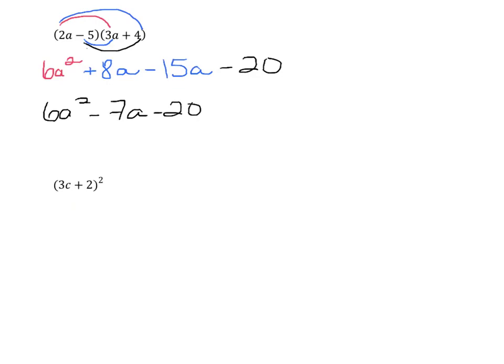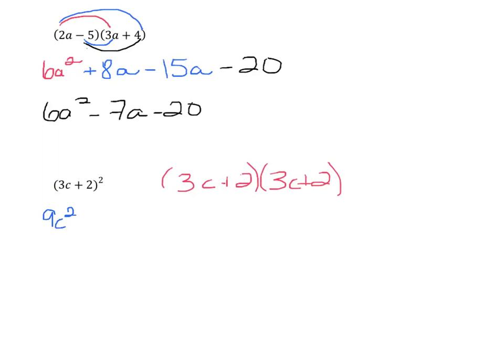When you have a problem like this next one, an option that you have is to expand it and FOIL. Otherwise, you can use the rule. A squared, that means 3c quantity squared becomes 9c squared plus 2ab.